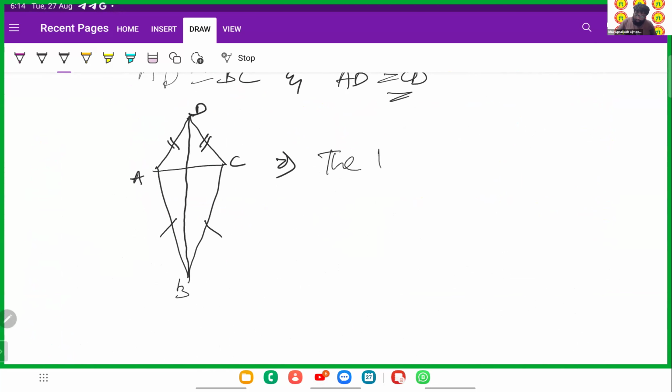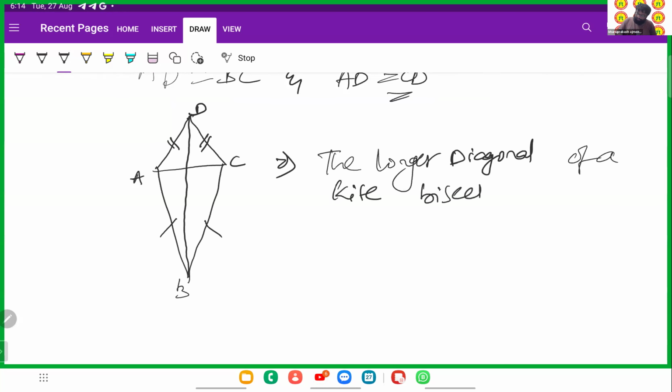The longer diagonal of a kite bisects the shorter diagonal at a right angle.